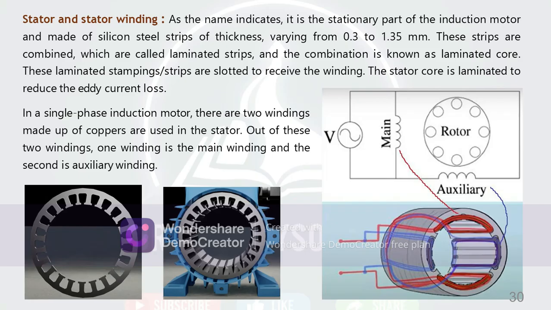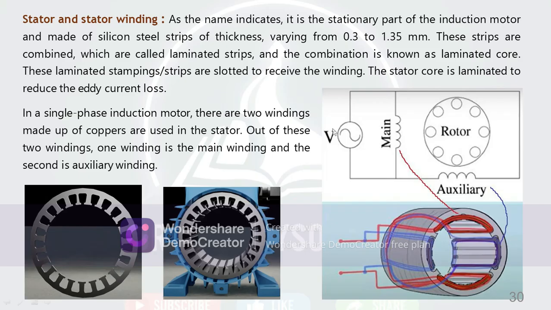In a single phase induction motor, there are two copper windings used in the stator. Out of these two windings, one is the main winding and the second is the auxiliary winding. A single phase motor is not able to start on one phase, so we require splitting the phase.